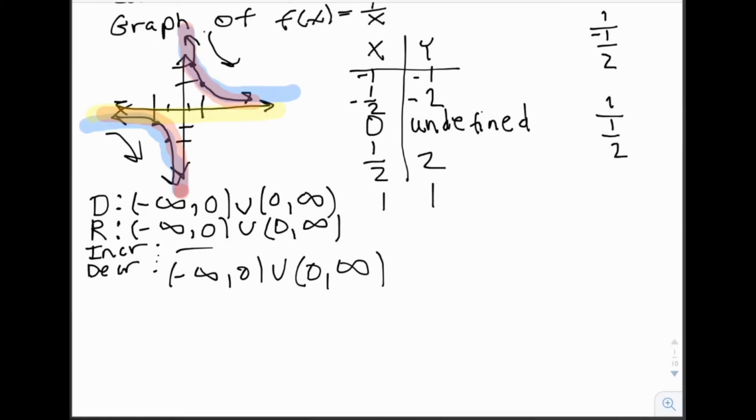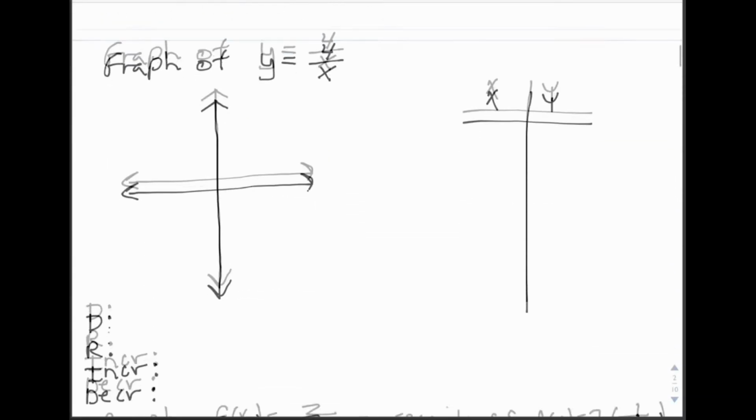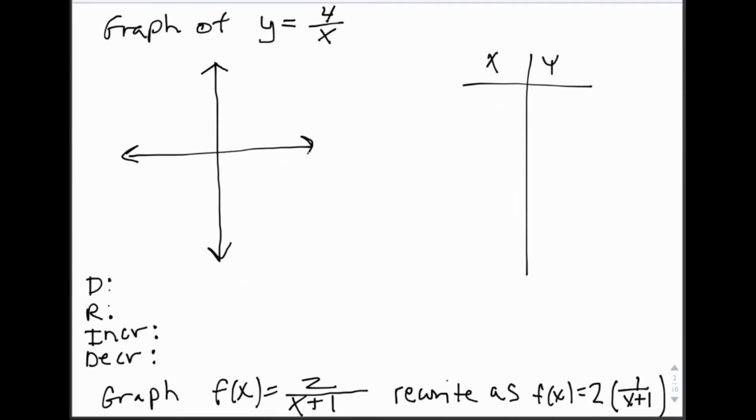Okay, let's look at another example. Say we wanted to look at the graph of y is equal to 4 divided by x. Let's figure out what this one will look like. Again, let's start at 0. If we plug in a 0, notice what happens. Our bottom is going to be 0, therefore we will be undefined.